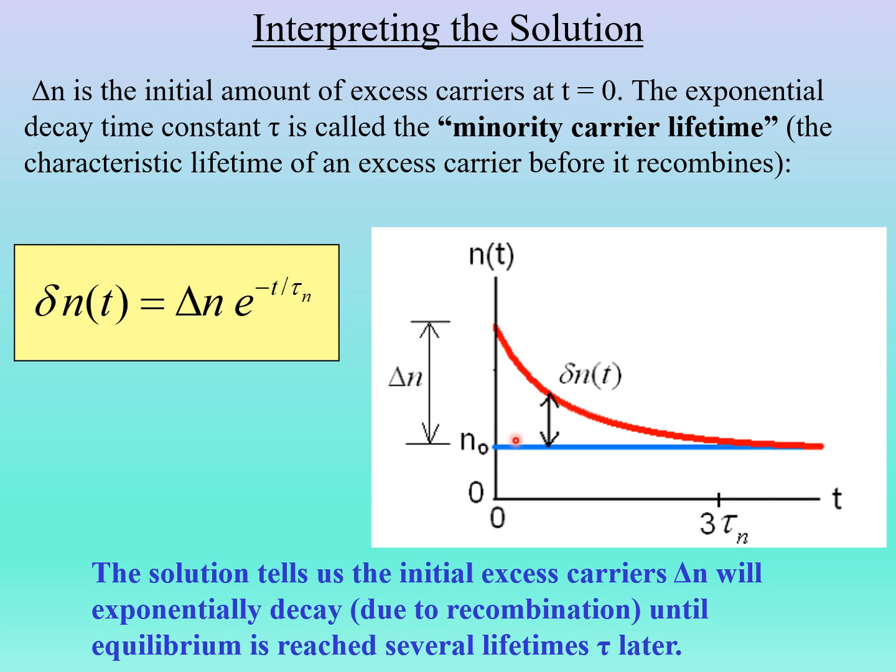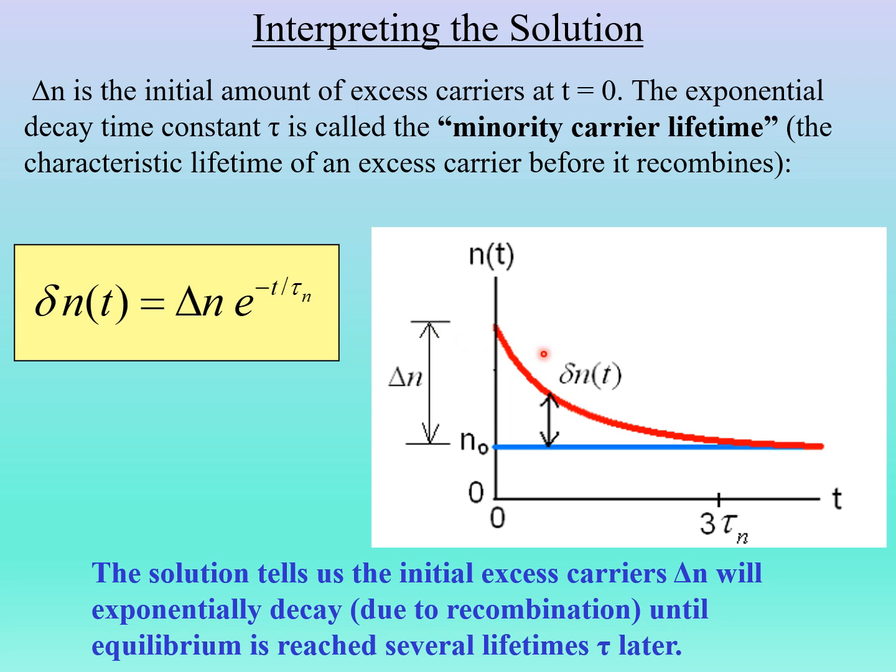N naught is the equilibrium value. So at time 0, this distance from here to here is our excess electron density, delta N, at time 0. And we see that it decays exponentially with time, because of this second part of the solution.